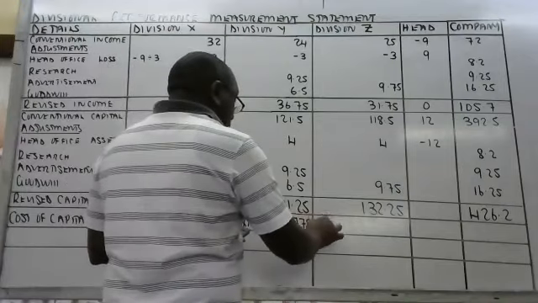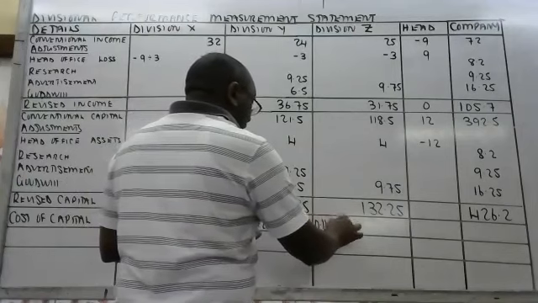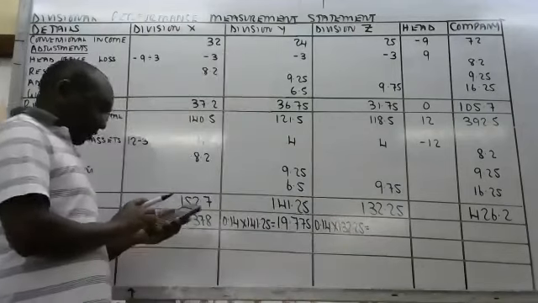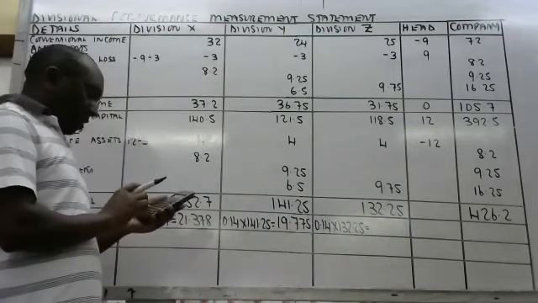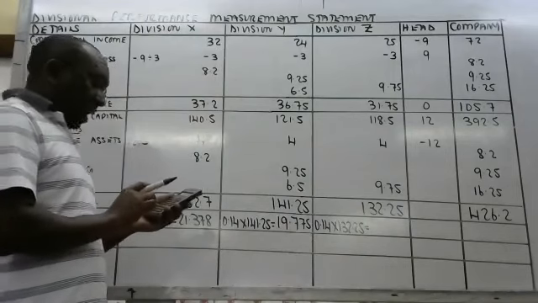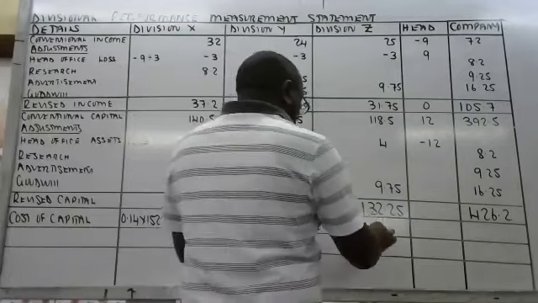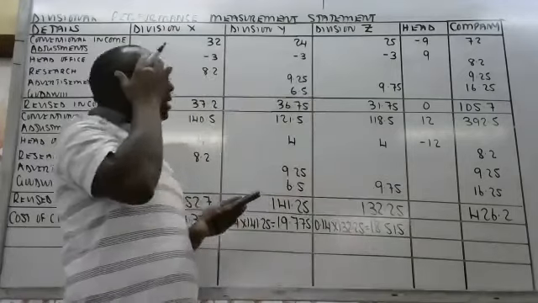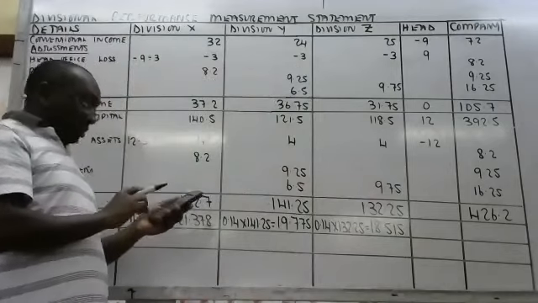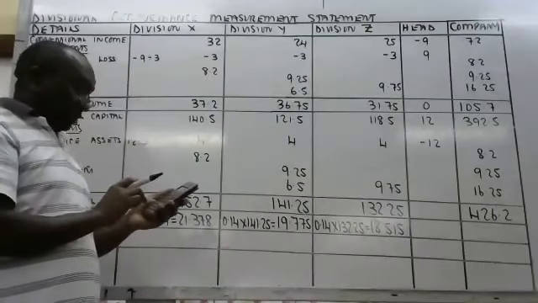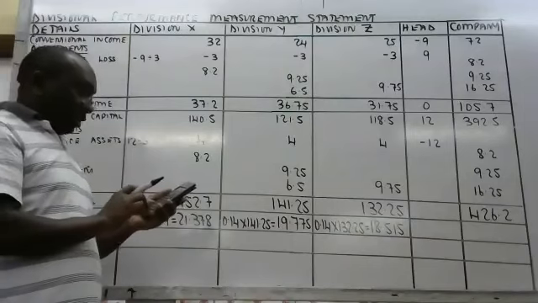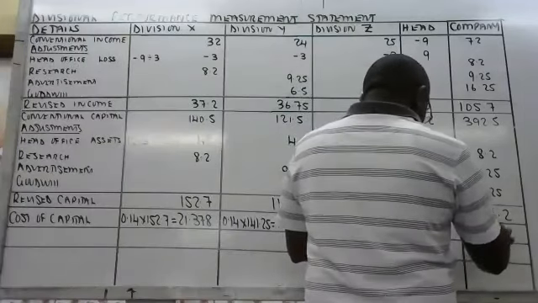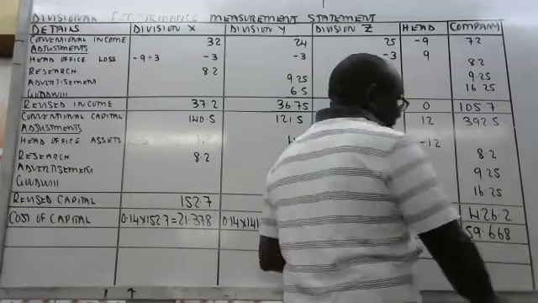Then 0.14 of 132.25. 0.14 times 132.25 is 18.515. And you do the same for the company, 0.14 times 426.2 is 59.668.